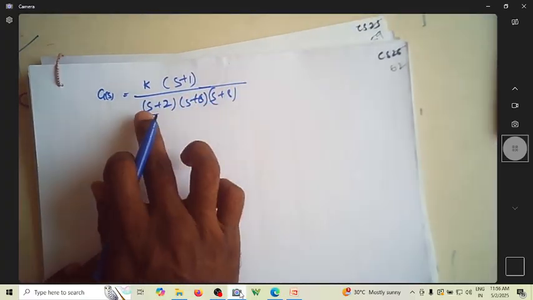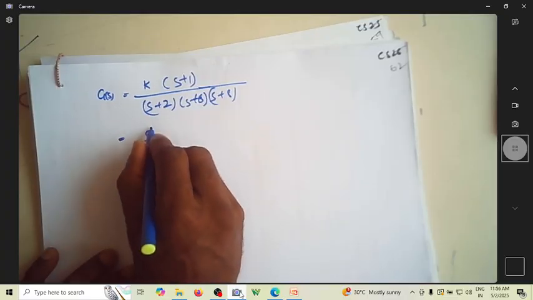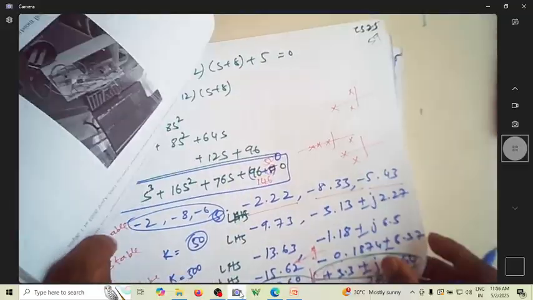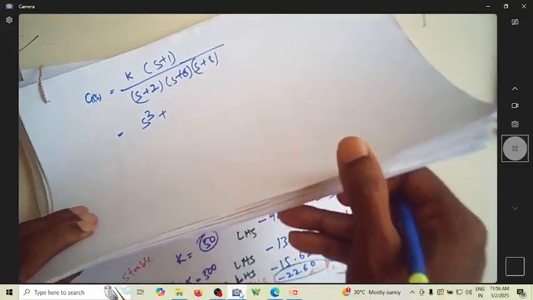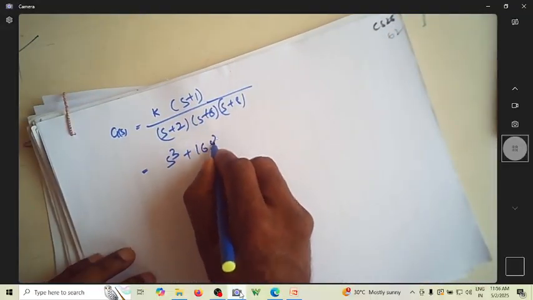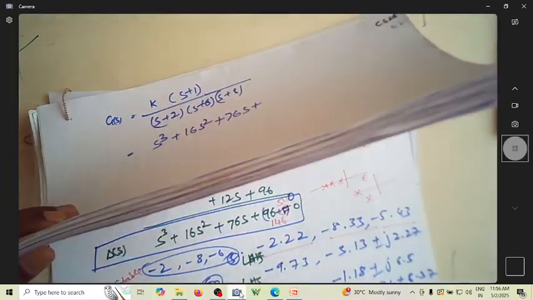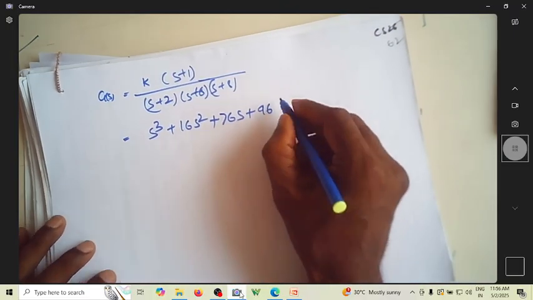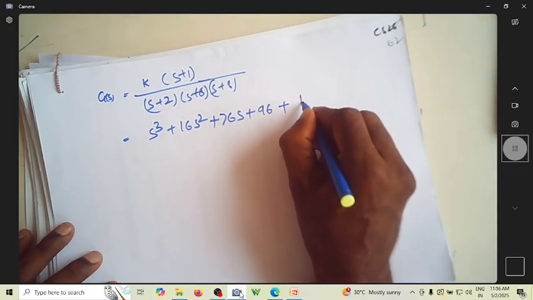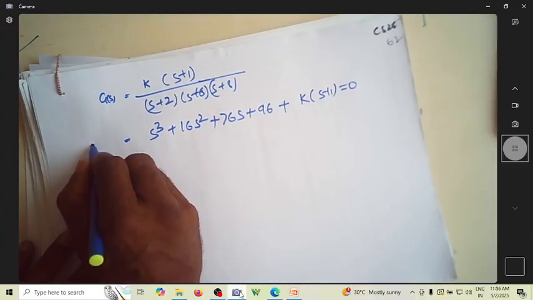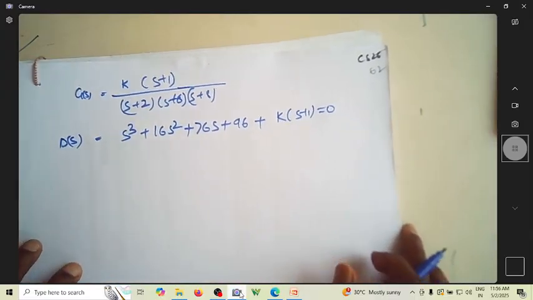So this is s cube plus 16s square plus 76s plus 96, plus k into (s plus 1), which is my Δ(s). Correct? This is my Δ(s).